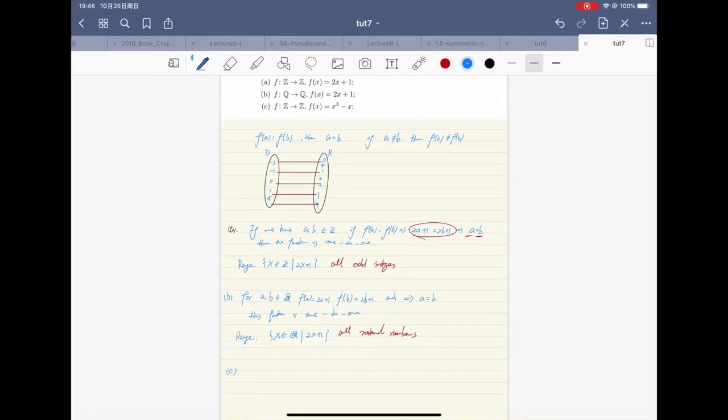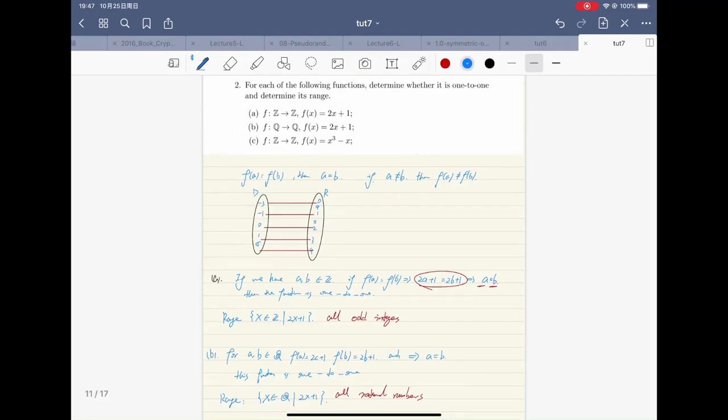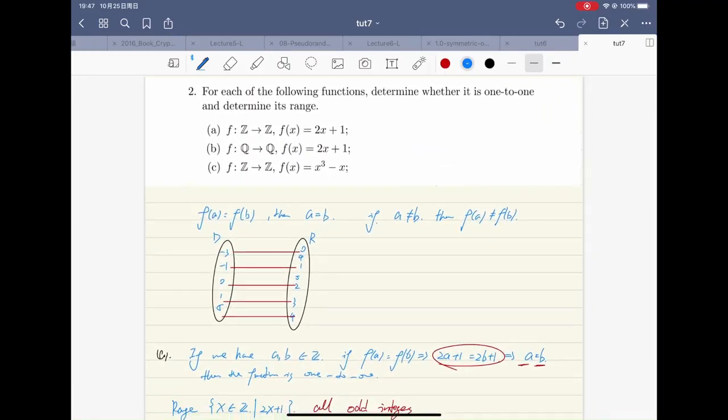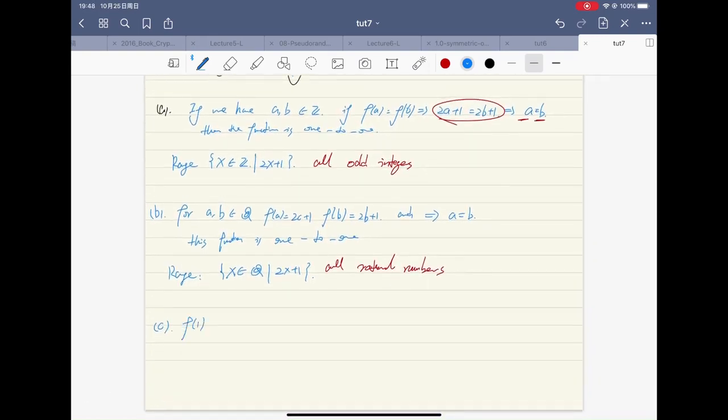We have the function that maps from integer to integer, and f(x) equals x cubed minus x. So I think this function is not one-to-one. Why? Because if we assign x equals 1 and x equals 0, both the outputs from the function should be 0, right? Let me write down f(1) equals 0 and f(0) equals 0.